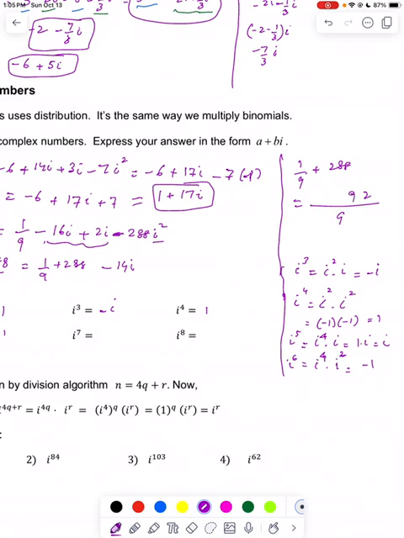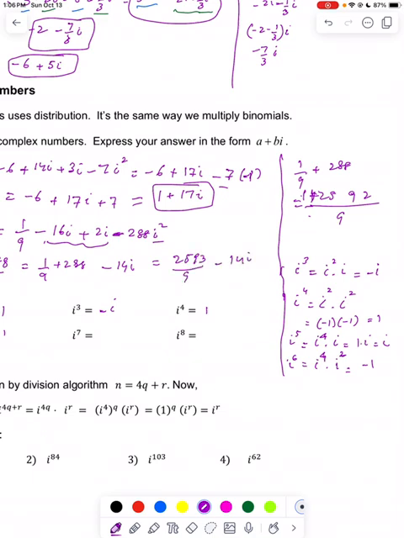Then again we put the 9 and 7 is carried. Then 9 2s are 18, 18 plus 7 gives us 25. So 2592, that is what we are getting. But then there's a 1 plus, so 1 plus 2592, which means 2593. So I get my answer as 2593 over 9 minus 14i.